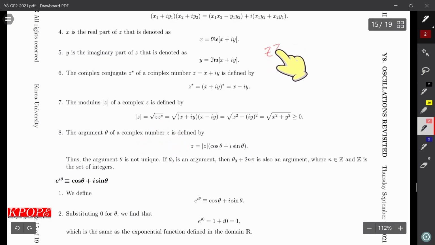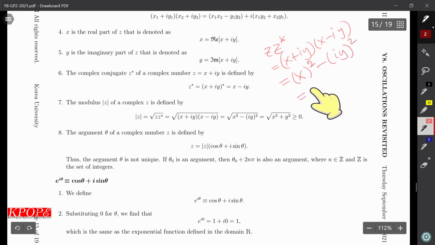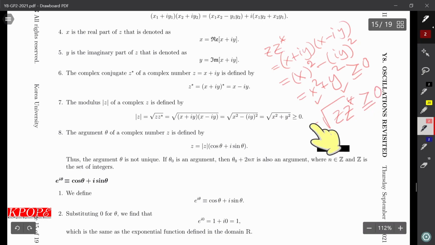We multiply z and z star, x plus iy times x minus iy. That means x squared minus (iy) squared, that is x squared plus y squared, a sum of two real numbers squared, which is always non-negative. So the square root of z z star is always non-negative, and that is defined as the absolute value of z, or modulus.